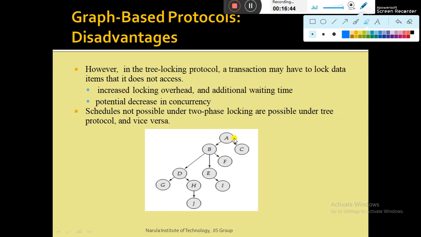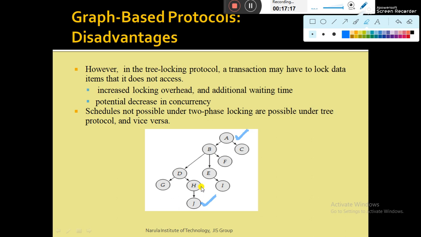For example, suppose transaction T needs to access only the data items A and J. In the graph-based protocol, you can access A, that's not a problem. But if you want to access J, the parent of J needs to be accessed first. This is the partial ordering. To access J, you need to access H first. Then only you can access J.